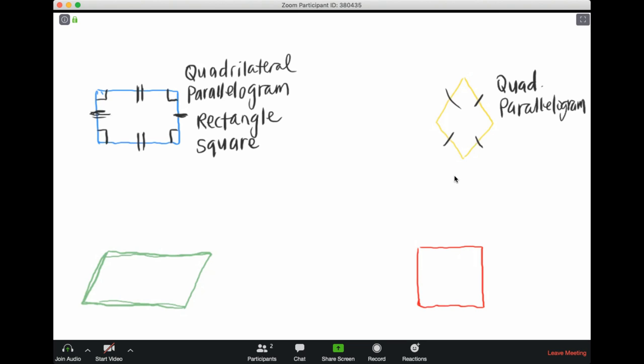Then it doesn't have 90 degree angles, so it is a rhombus. It can't be a rectangle, and it also can't be a square. So it's just those 3 names.